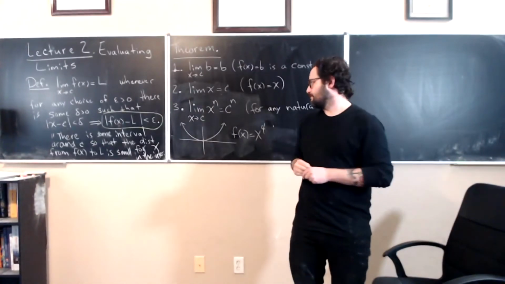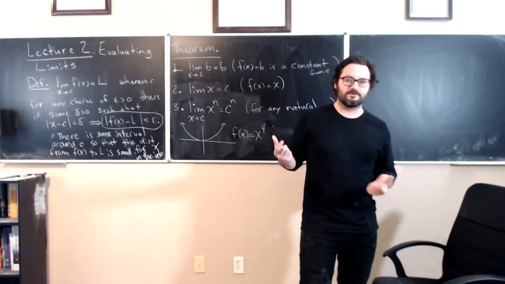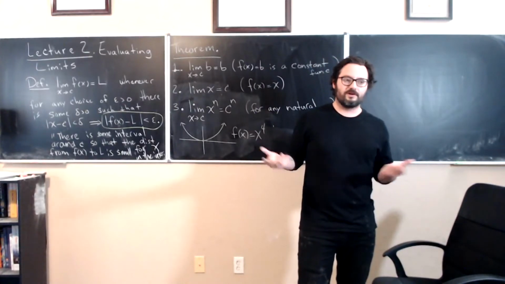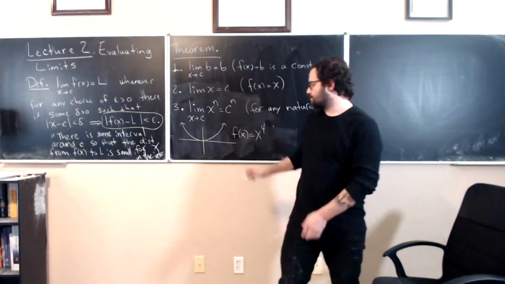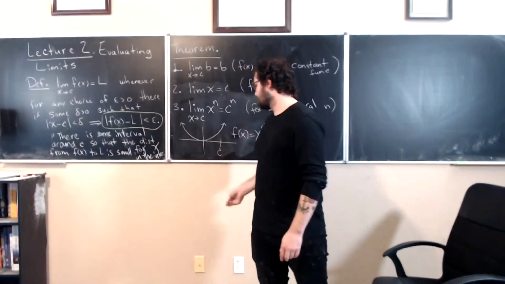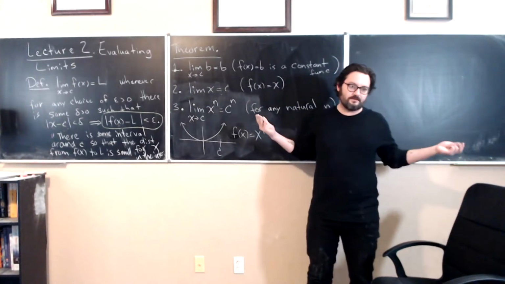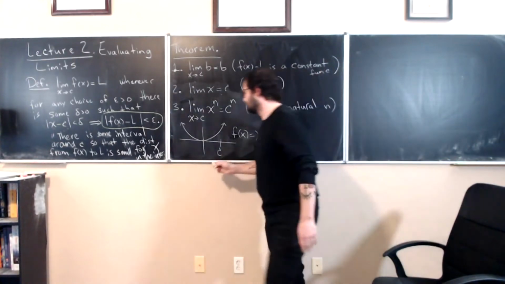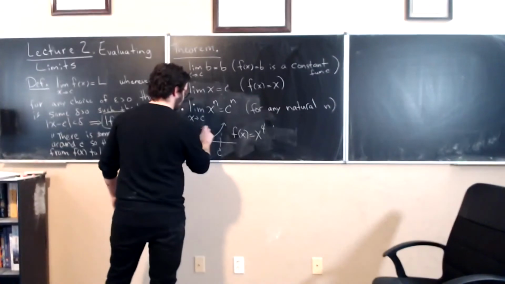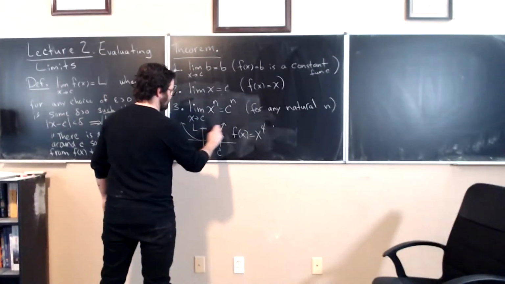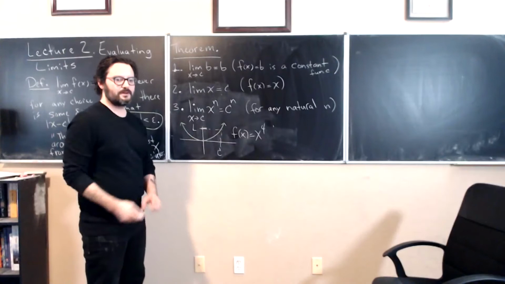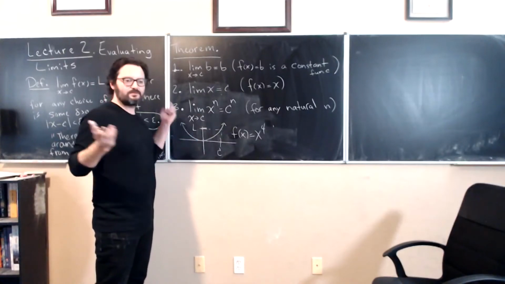There's no worry about dividing by 0. So if we approach any value c from the left-hand side or from the right-hand side, the function is not going to have a problem approaching some number. It's not going to have any problems.